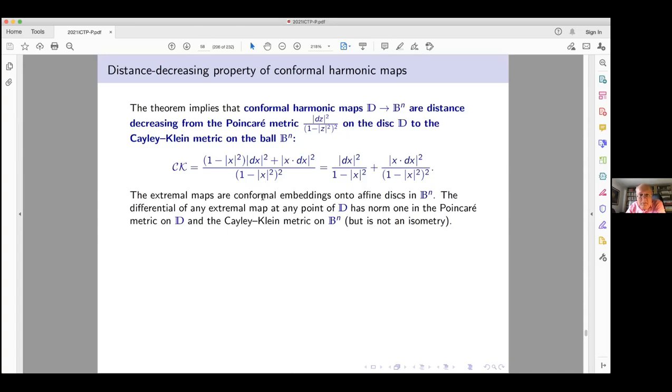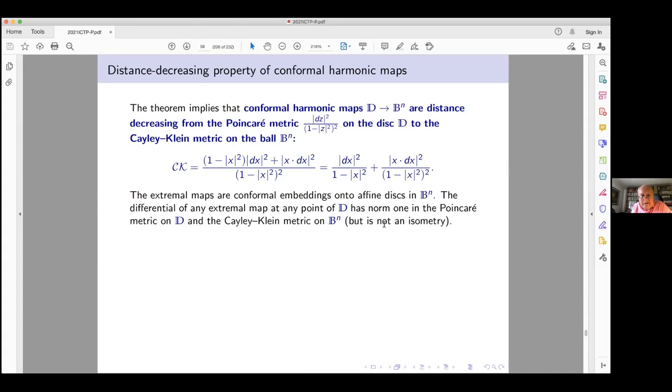The extremal maps are conformal embeddings onto the affine disks, and the differential of any extremal map has, at any point, norm 1 when you consider the Poincaré metric on the disk and this metric in the ball, but it's not an isometry. It turns out that it is not an isometry in the differential geometric sense, because in some directions the derivative is smaller than 1.